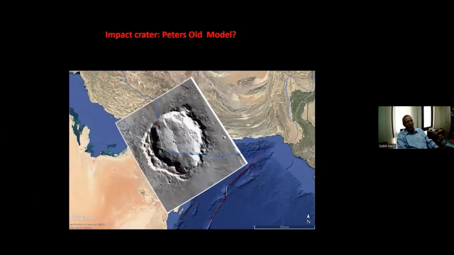Now, an interesting new theory about the Samail Ophiolite was proposed by one geologist, a remote sensing man from the United States. He proposed an impact crater origin for the Samail Ophiolite, depending on the crescent shape. He just showed the crescent shape of this Ophiolite here and the other side.